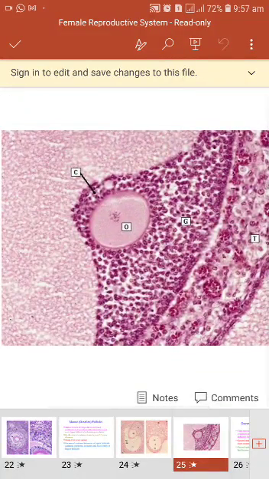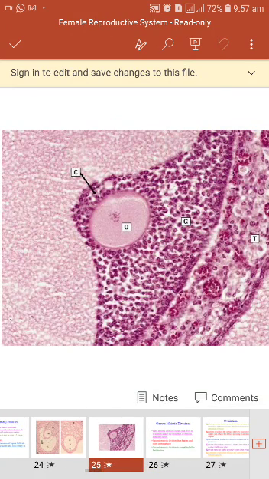Again, this diagram shows the oocyte, cumulus oophorus, granulosa cells, and the thecal cells.